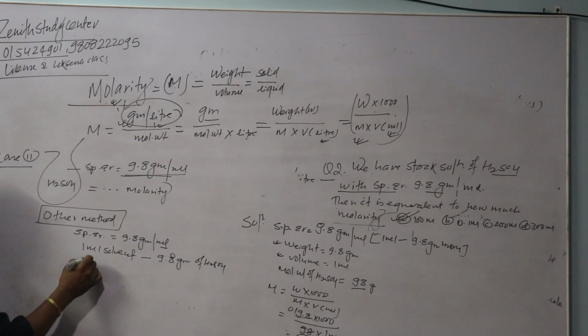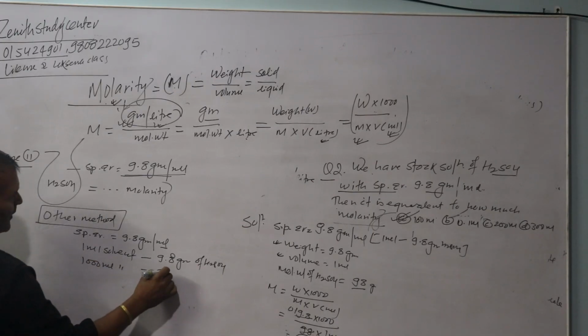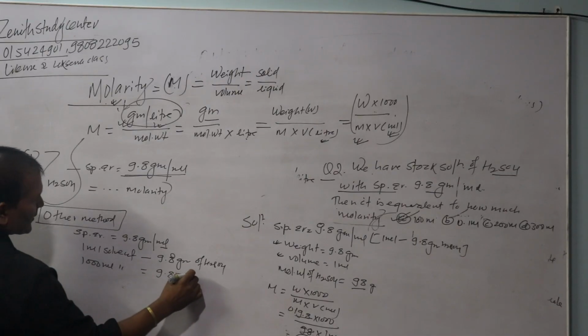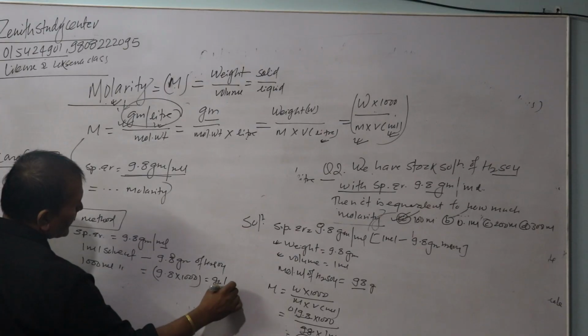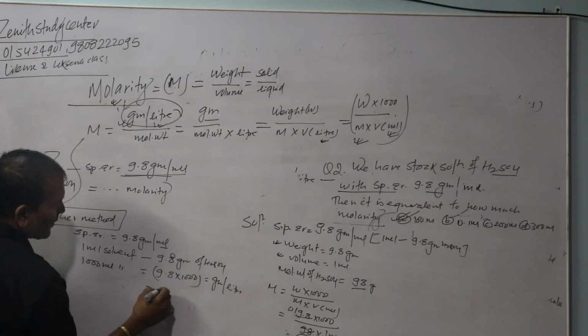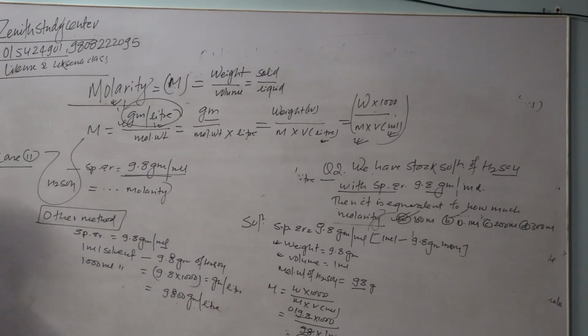If it is 1000 ml solvent, 9.8 into 1000, it means gram per liter. So what is the calculation? 9800 gram per liter.